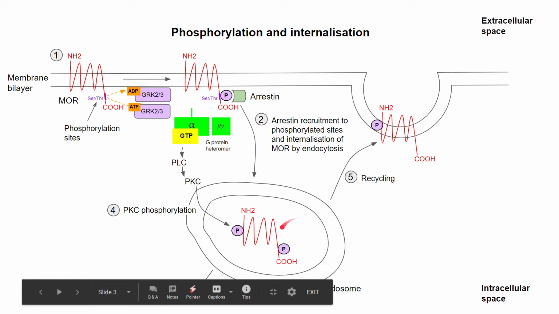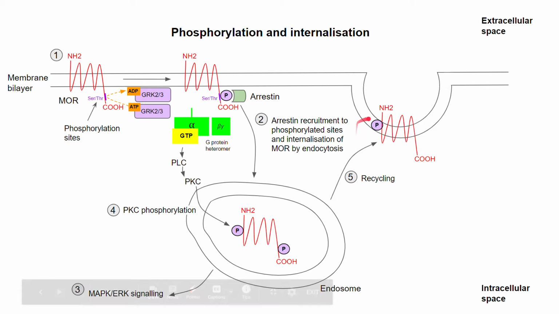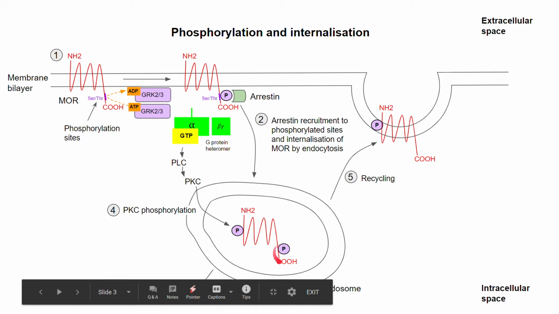And then finally they're recycled back into the membrane bilayer, so the endosome just fuses with the external membrane and it's recycled back onto the membrane without this phosphorylated region.